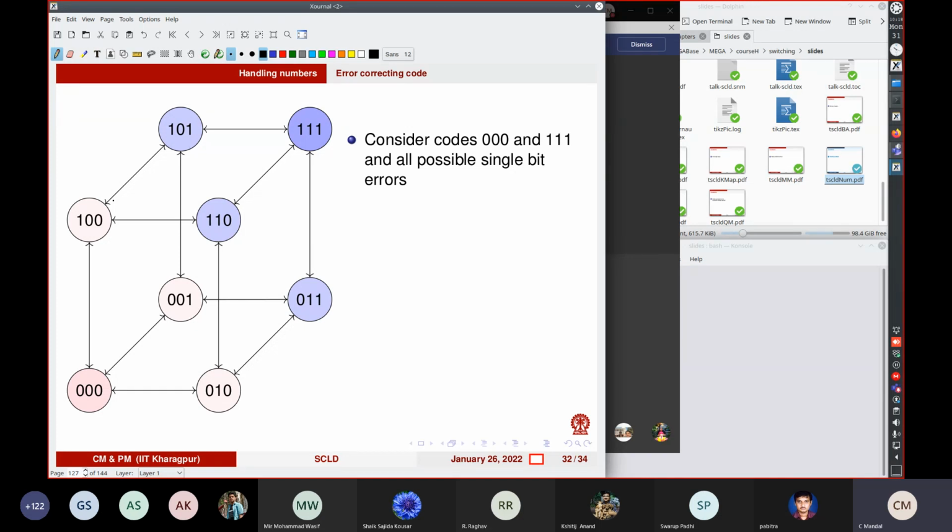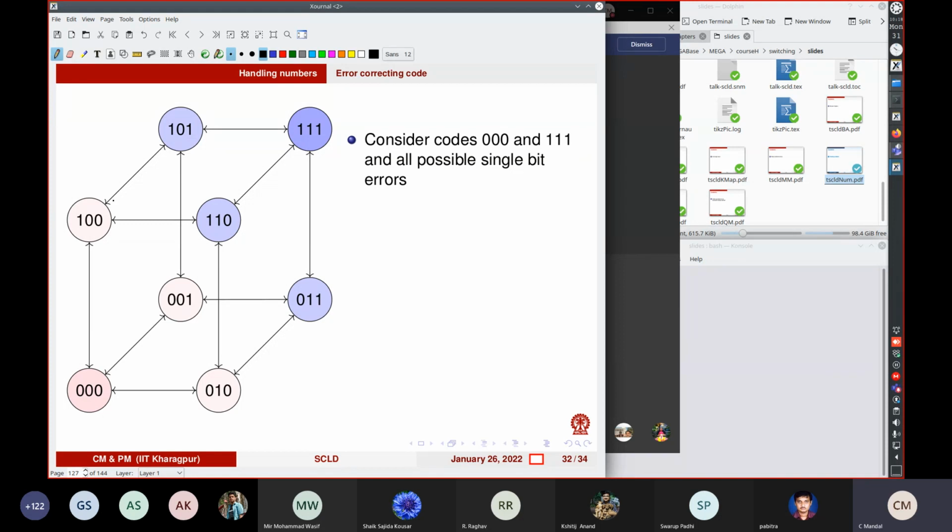Suppose you have 3 bits, and you consider the codes. These are the 8 possible bit patterns that you can get.